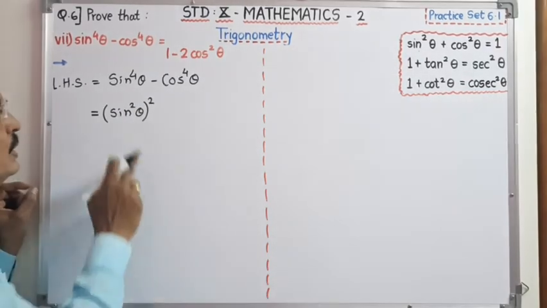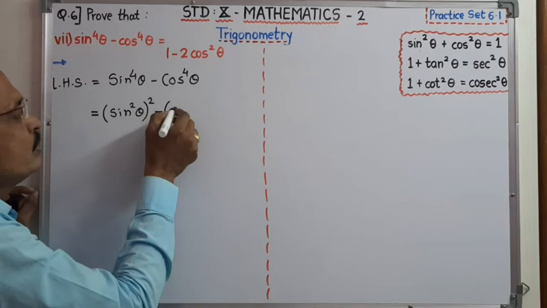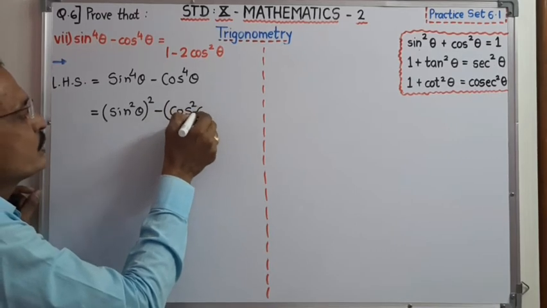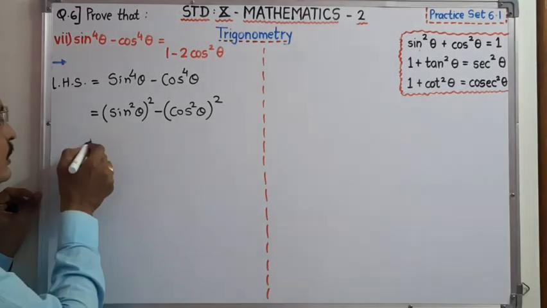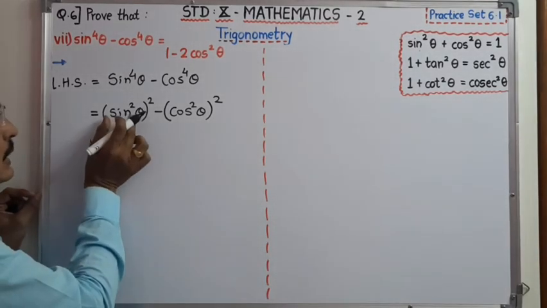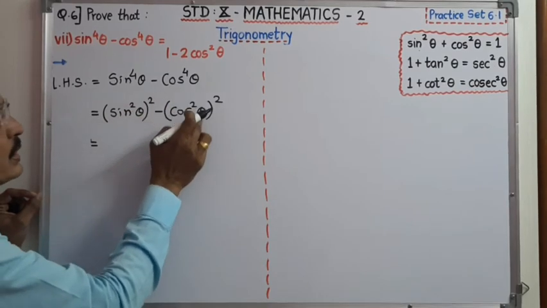It is same, sin raised to 4 theta minus, same thing we can convert, it is cos square theta raised to 2. Now, dear students, see here, it is sin square theta whole square minus cos square theta whole square.